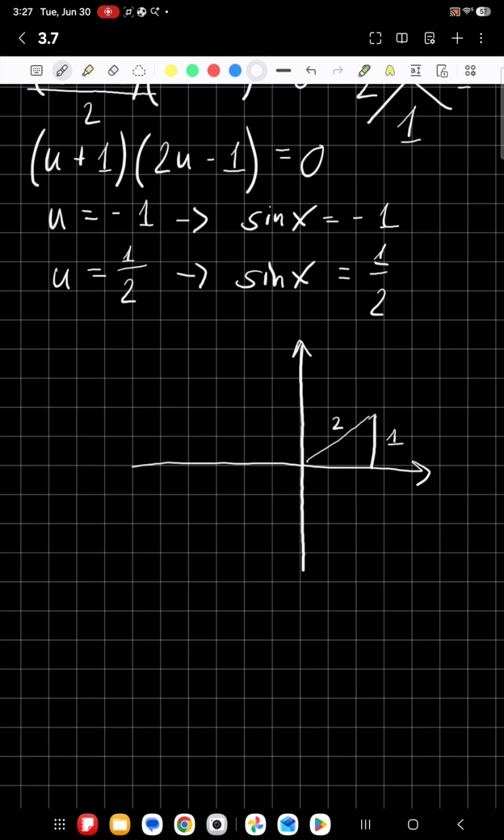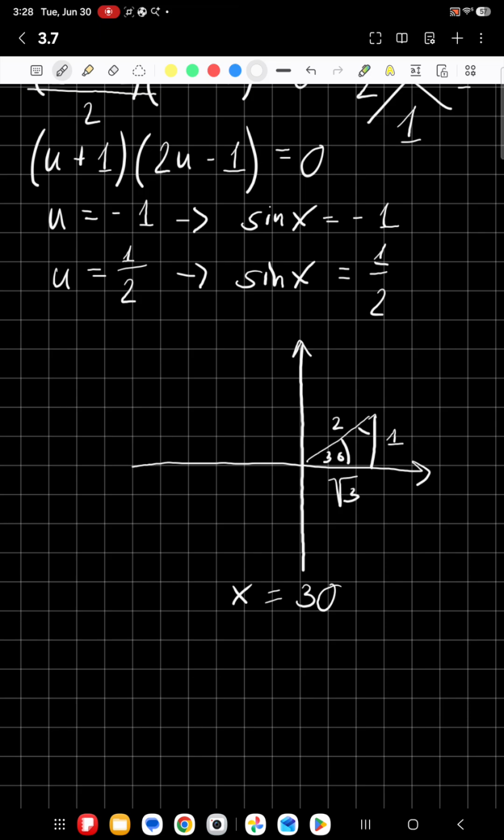This is 1, 2, radical 3, and this is 30 degrees. This is 60. Sine is opposite over hypotenuse, so for 30 degrees, sine is equal to half, so x equals 30 degrees.